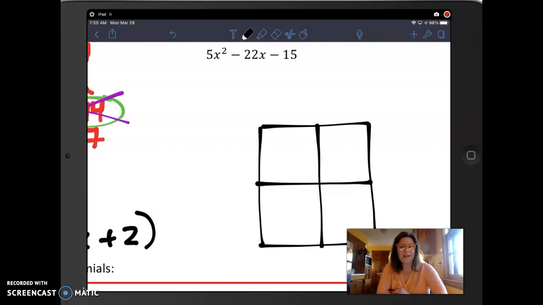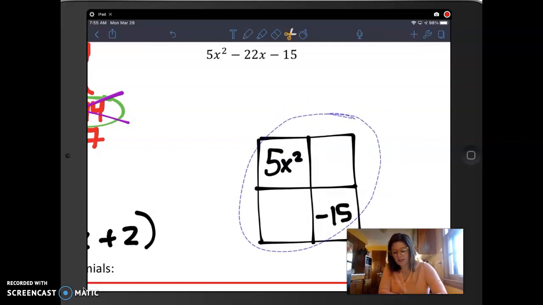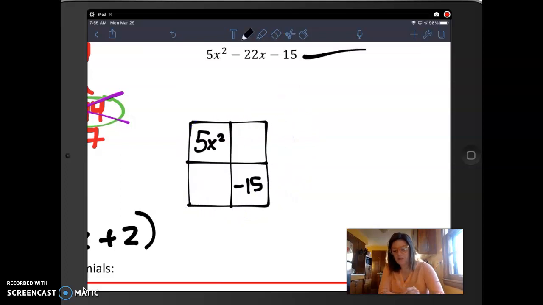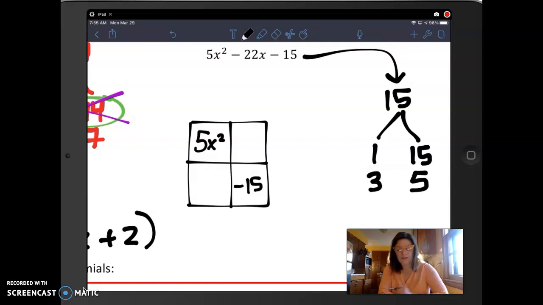We are going to set it up. We have our 5x squared here and then negative 15 here. Now, because we have negatives that we're dealing with this time, again, things are a little bit more complicated because whenever you have a negative, it means that there's more options. So we have 15. We know that 15 is 1 and 15 or 3 and 5.